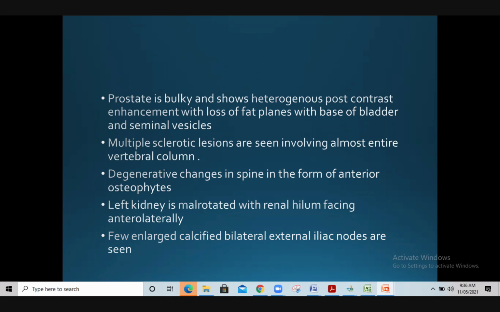Is it going to affect your management? Ma'am, it will help us stage the disease, ma'am. Right. So management wise, it won't change, but we'll have a staging. That's why I thought. But on this, you can't make a staging. On this, what is your stage? That will change on MRI.